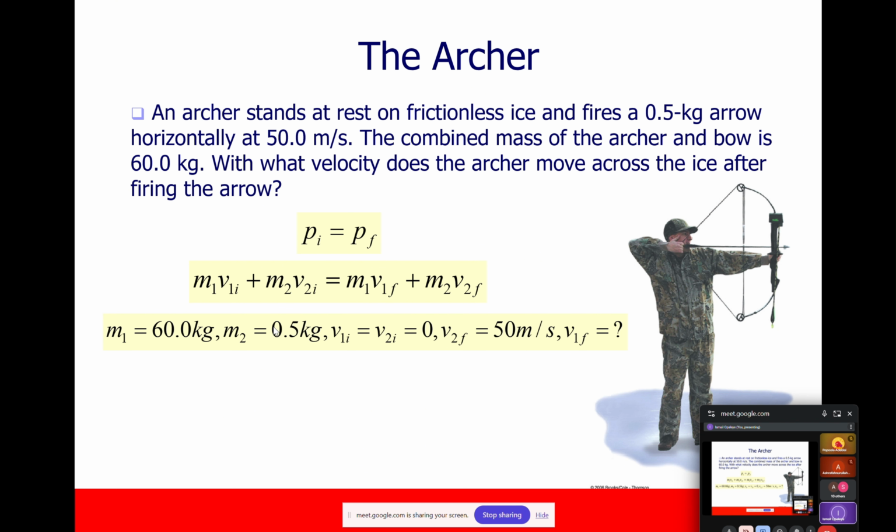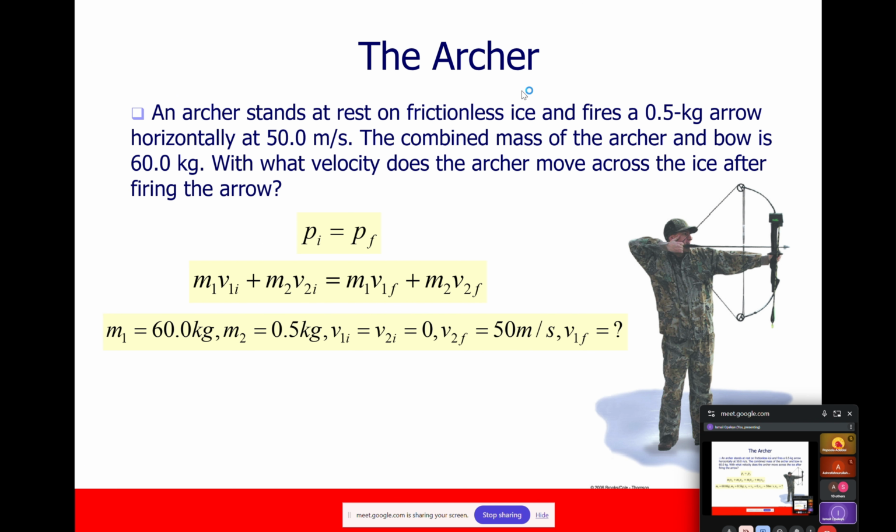Based on this solution, we've assigned M1 to be 60. That is, we take the archer and the bow as the first object, that's M1. If you were the one solving, you may decide to use the arrow as mass 1. It all depends. So if you label this one as mass 1, this will be your final velocity 1. Remember they said at rest, that means initially they all have initial velocity of 0.